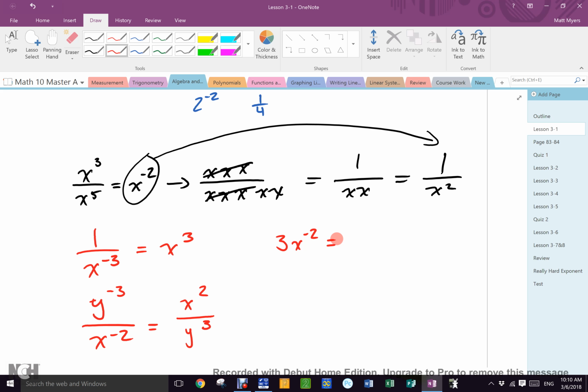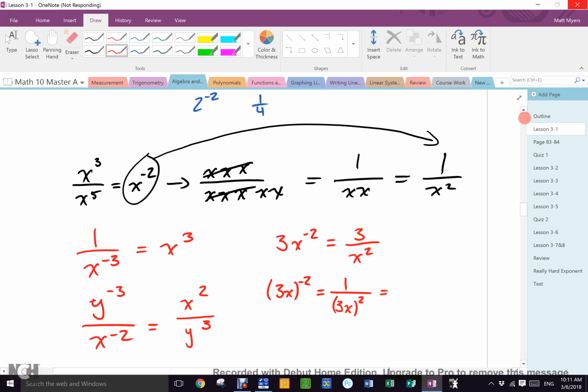What if I made it this? Now what is it? What's the base? 3x. So where does it have to go? Down here. And it's 3x squared. But what do I have to do here? We've already done that like 18 times today alone. What does this become? 1 over what?